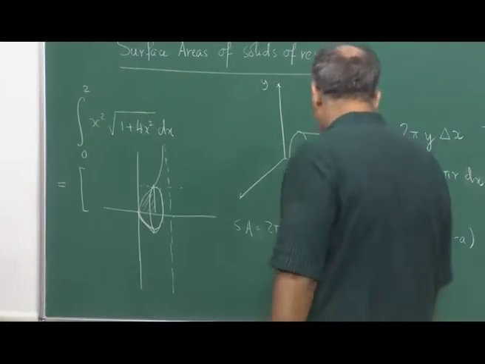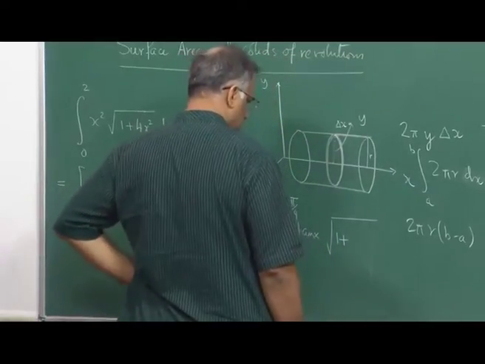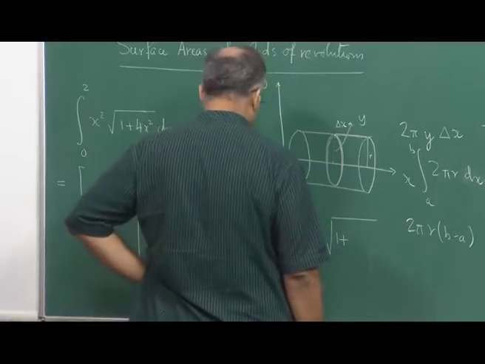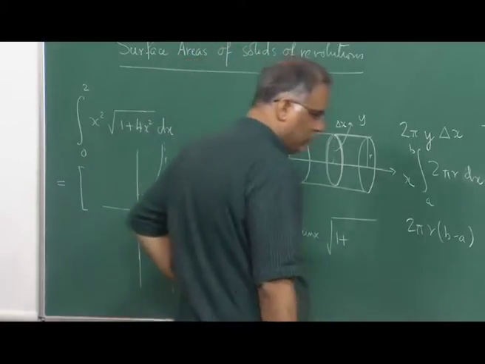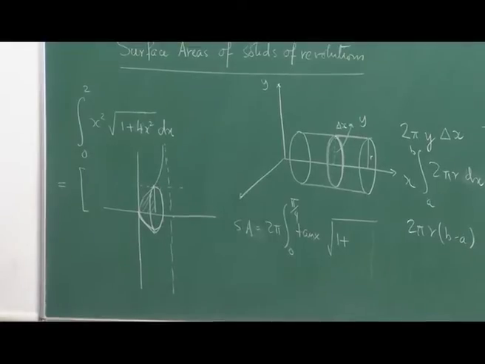So, dy/dx, I forgot the derivative of tan x. What a strange guy I have become that I have forgotten the derivative of tan x. So, tan x's derivative is sec² x. So, the square root of 1 plus sec⁴ x.